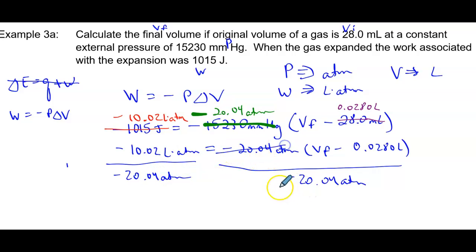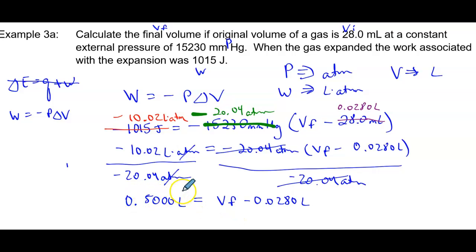So now this cancels with this, and atmospheres cancels with atmospheres. So we're going to do that math on the left-hand side, negative 10.02 divided by negative 20.04, and I get 0.5000 liters equals VF minus 0.0280 liters.